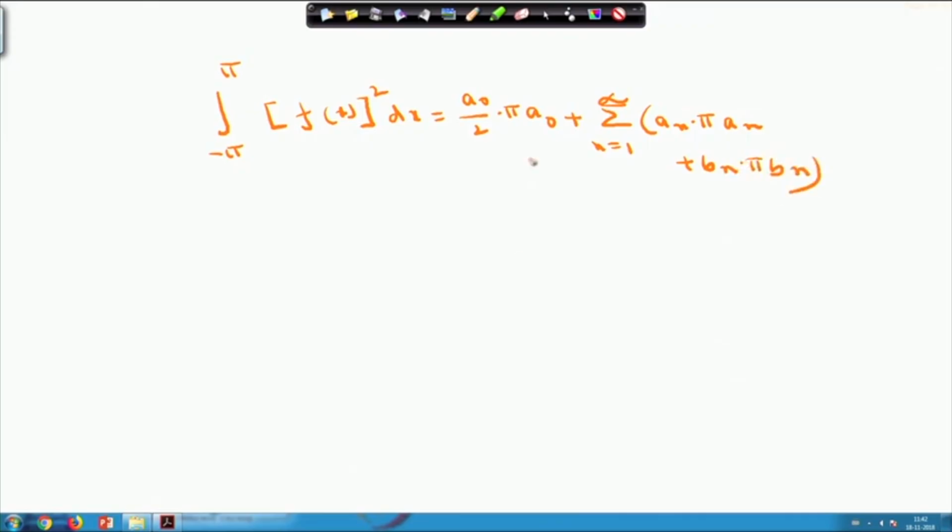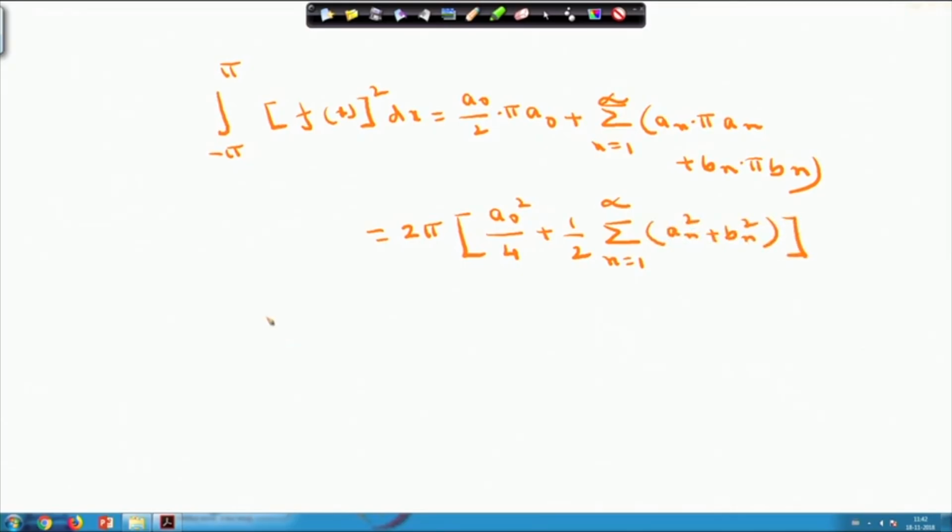So, by substituting the values of the integrals which I got earlier, I get these equations, and this is nothing but 2 pi into a 0 square by 4 plus half into summation n equals 1 to infinity of a n square plus b n square.